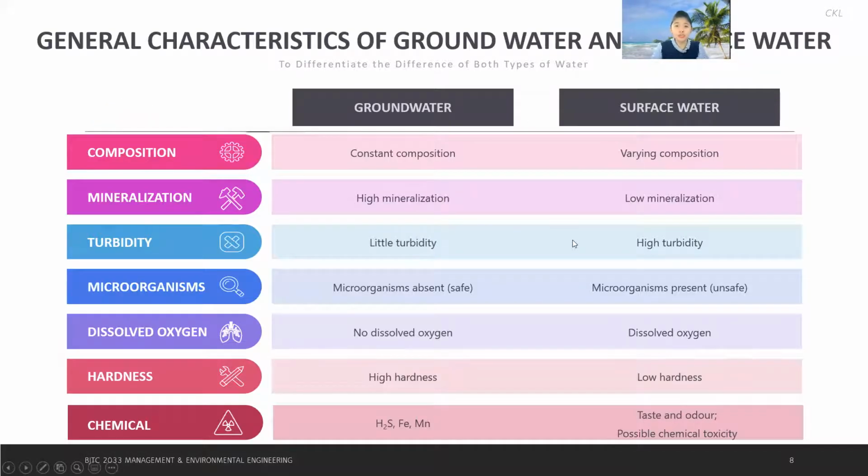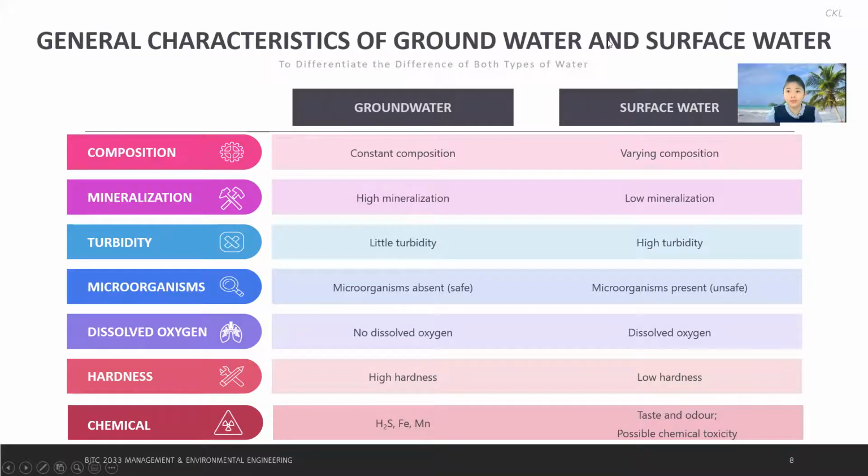Okay, so this is the general characteristic of the difference between groundwater and surface water. How we characterize the differences between groundwater and surface water is why we use different treatment systems to treat these waters.